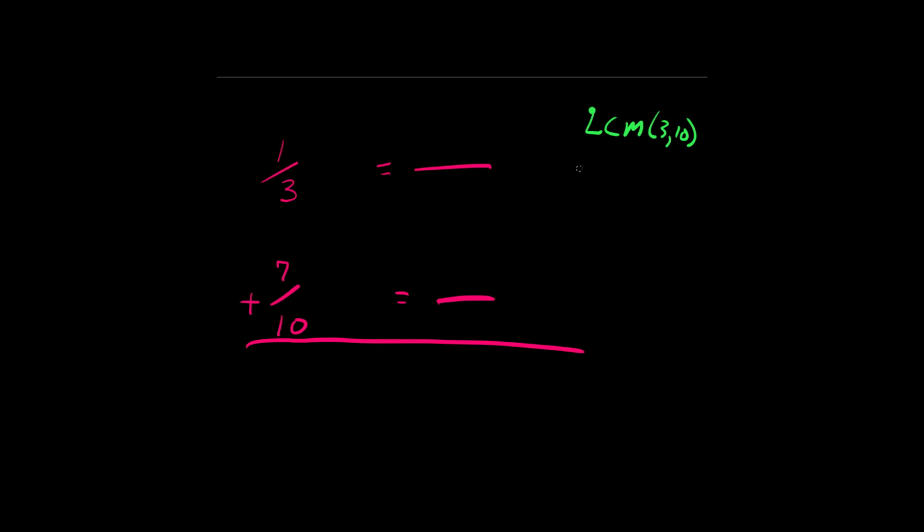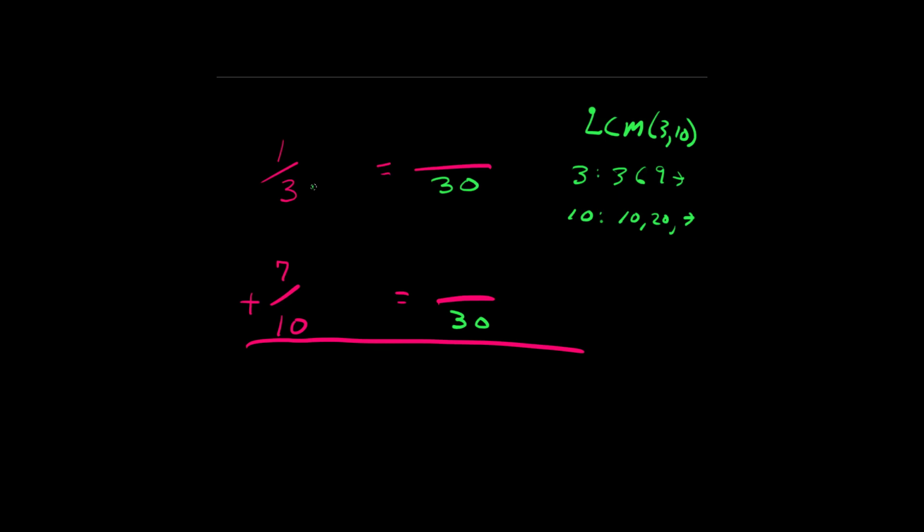Which means, once again, I'm sorry. Let me erase that for a second. So we're going to count by our 3s: 3, 6, 9, and so on. We're going to count by 10s and so on until we find one that matches. And our first one that matches is going to be the number 30.